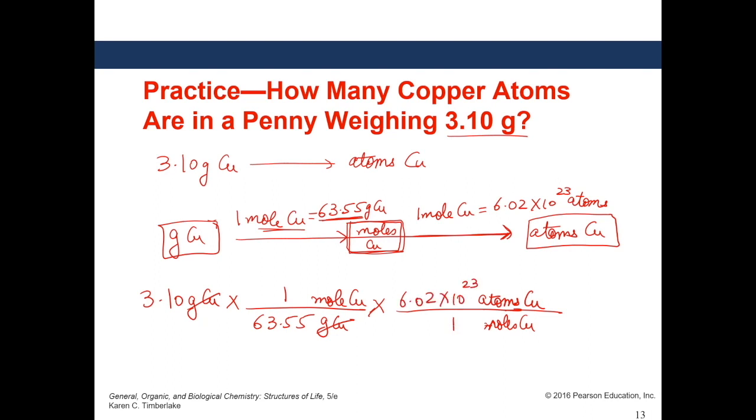I'm just plugging in the numbers that you see in front of these units. Now moles of copper cancel. Our final answer is in number of atoms of copper. If you plug this into your calculator, it will give you 2.94 times 10 raised to power 22 copper atoms.